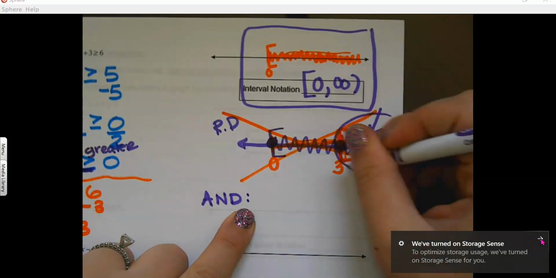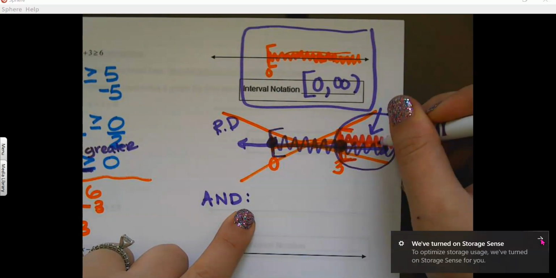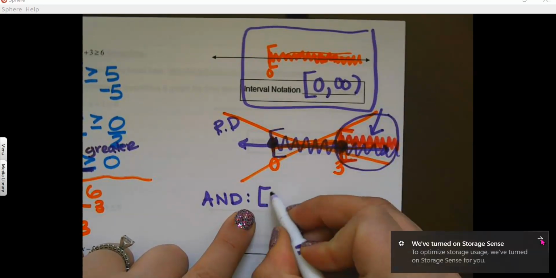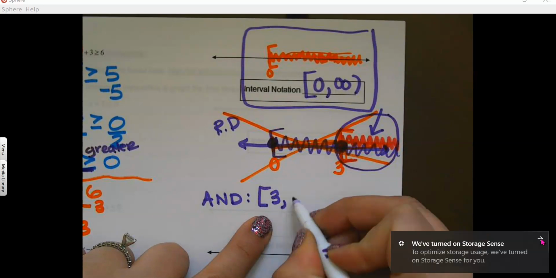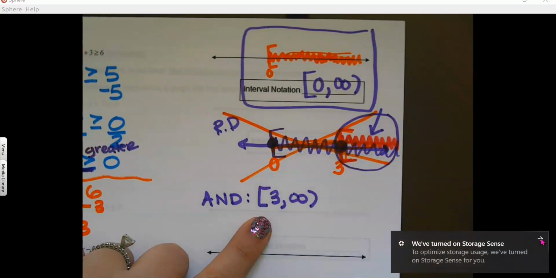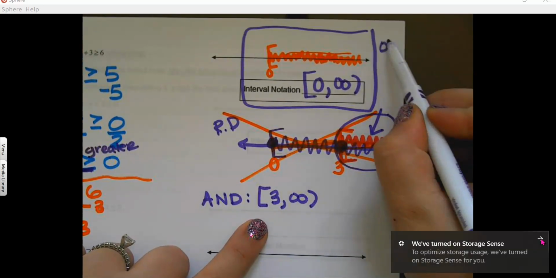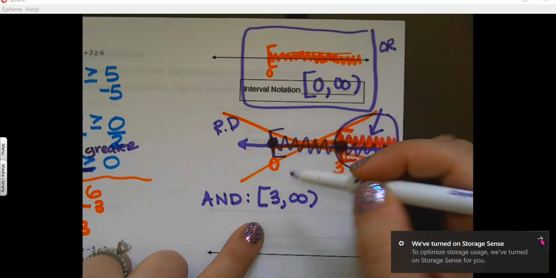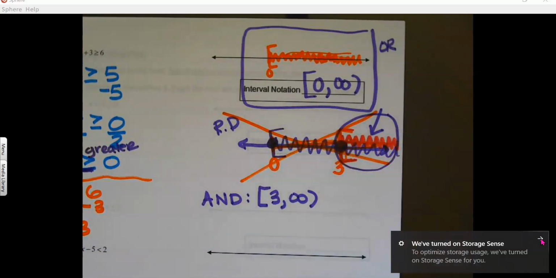This part of the graph is where both of them are shaded, so the answer would be bracket 3, comma, infinity. So as we go through these problems, I'm going to compare it to what we did in lesson 3. So this is the answer if it was or, which this problem is, and this is what it would be if it was and.